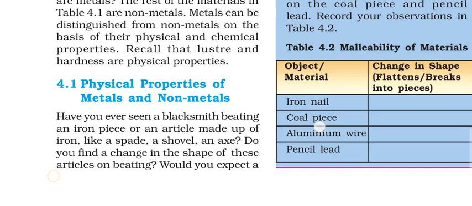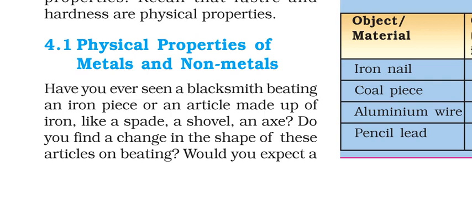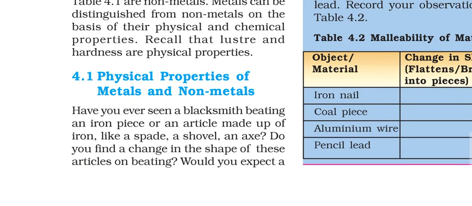Now, have you ever seen a blacksmith beating an iron piece to make an article made of iron, like a spade or a shovel or an axe? You might have seen that they take any metal like iron and make a particular shape out of it, like an axe, a spade, a shovel or a kurfi.